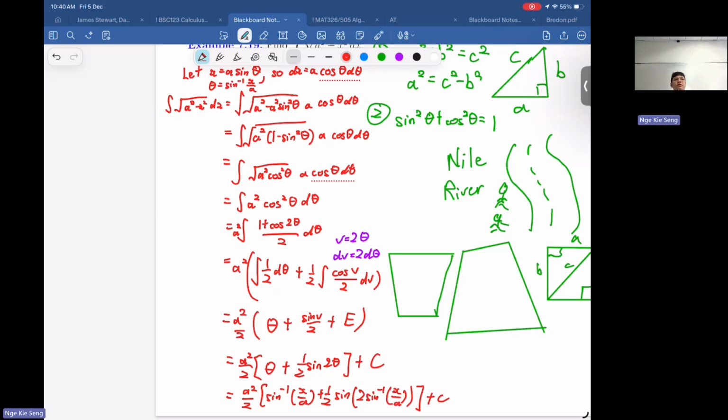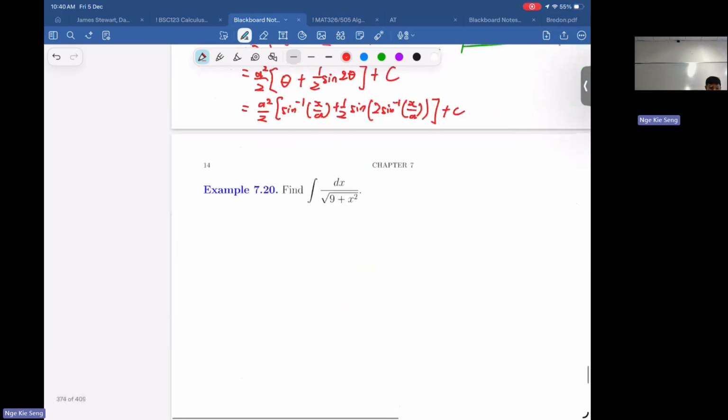Any question? Or any part you want to zoom in on? If no questions, we'll continue.